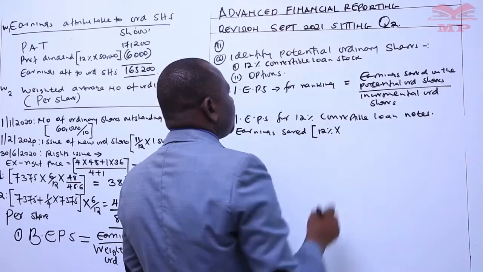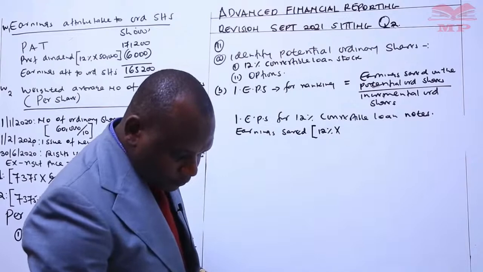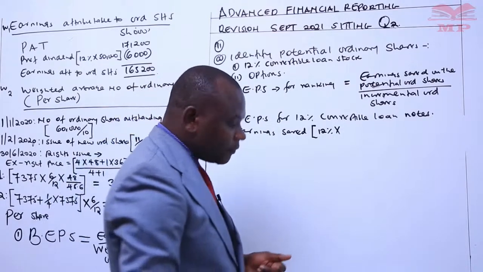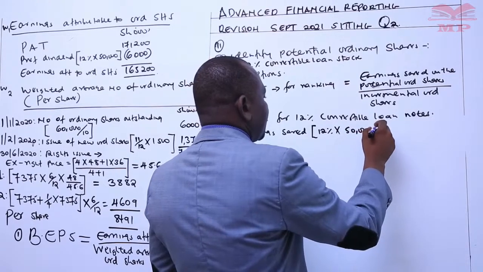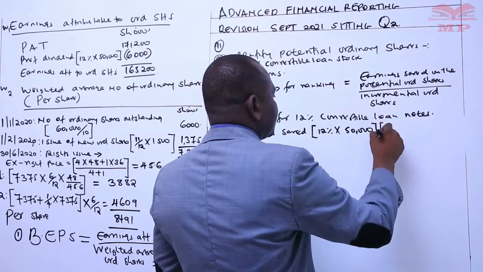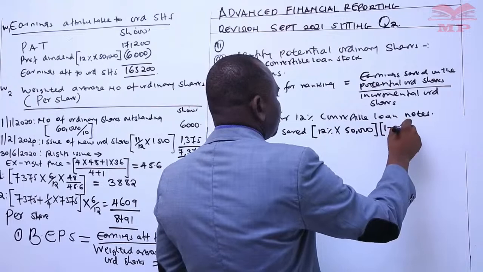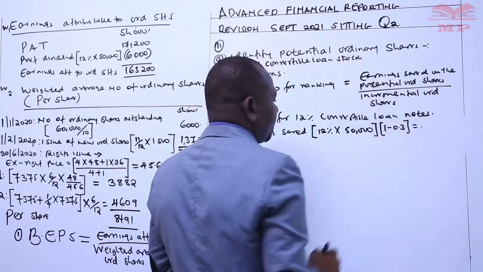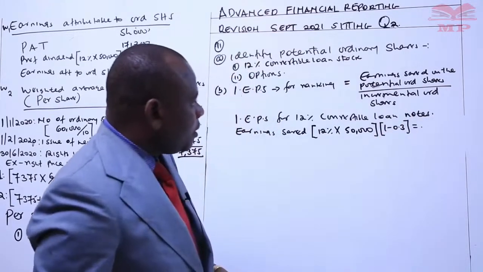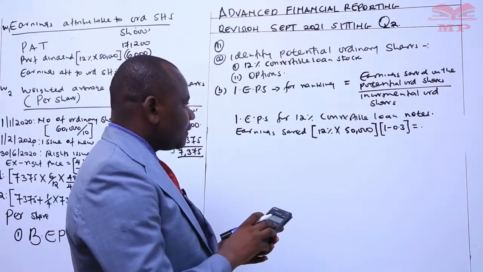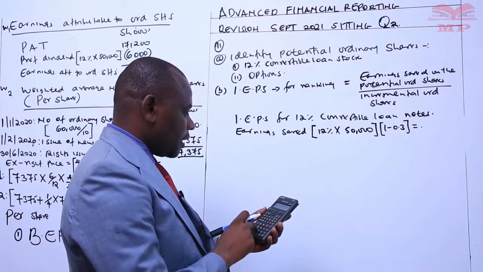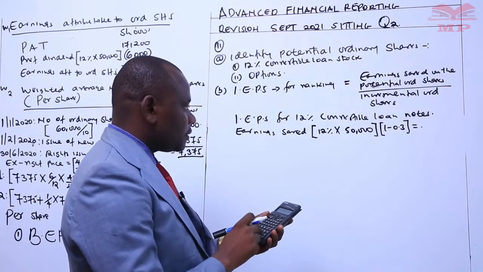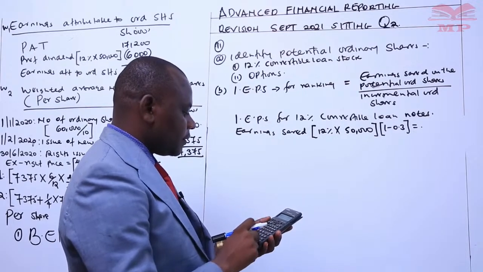12% times 50 million. And recall that interest is taxable. So that gives you 0.12 times 50,000 times 0.7.